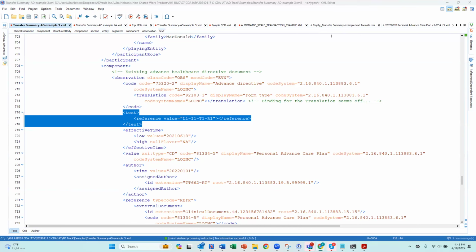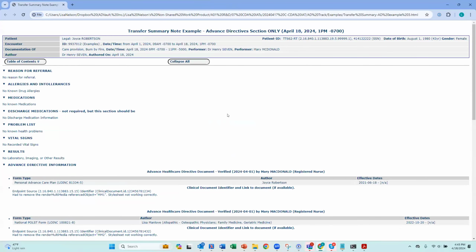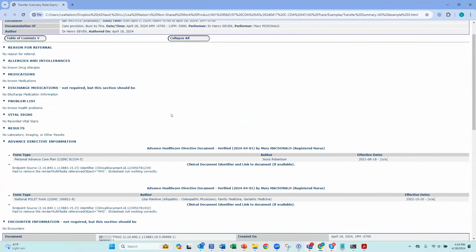So this was an example where we gutted the transfer summary so that these required sections are there with no information, or this is back to the case where I hadn't done them all as NIs yet.